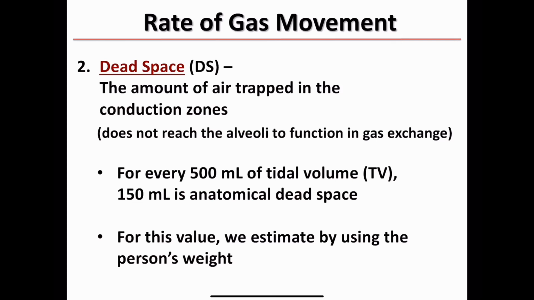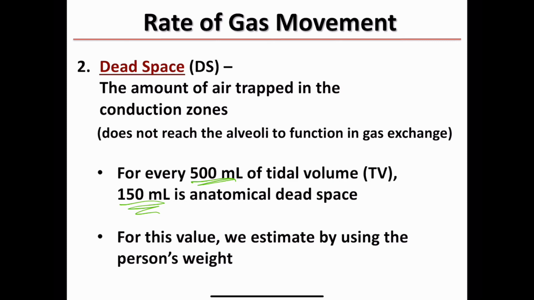So in order to take a more specific measurement of our MRV, a sub-measurement of our MRV, we're going to want to subtract out that dead space. As a rule of thumb, when you consider the tidal volume, for every 500 milliliters of tidal volume you inhale or exhale, only about 150 milliliters of that is exclusively contained within your anatomic dead space.